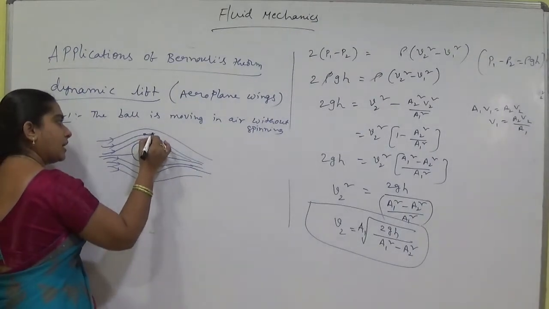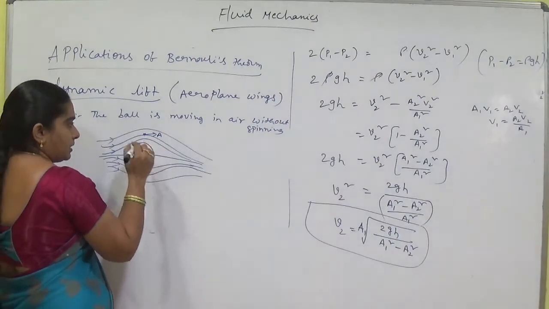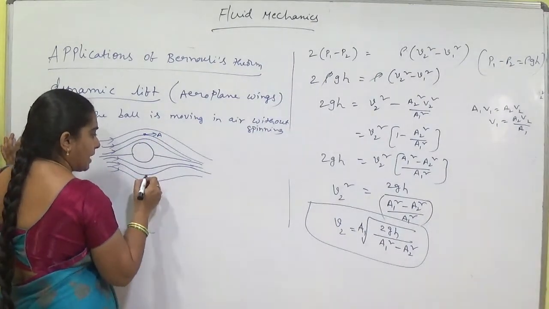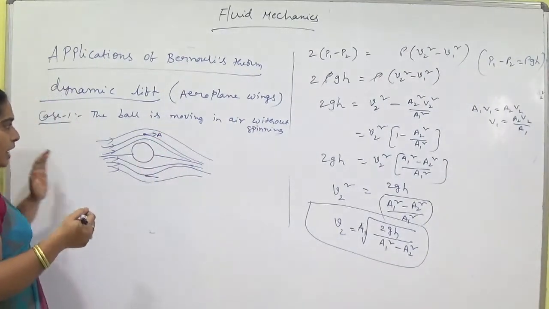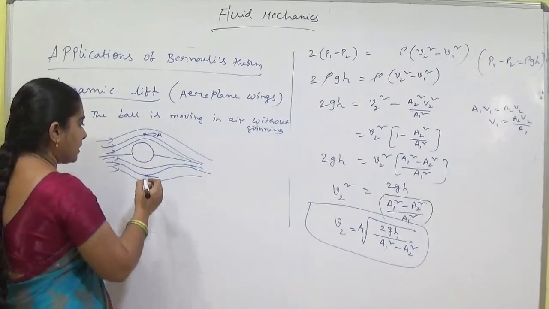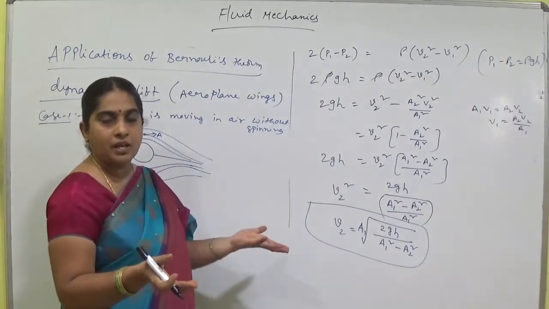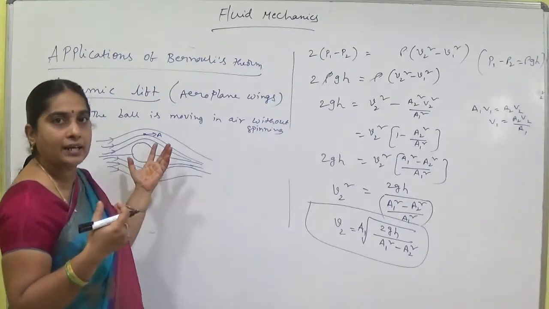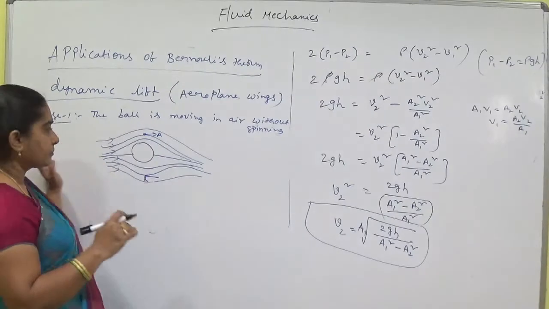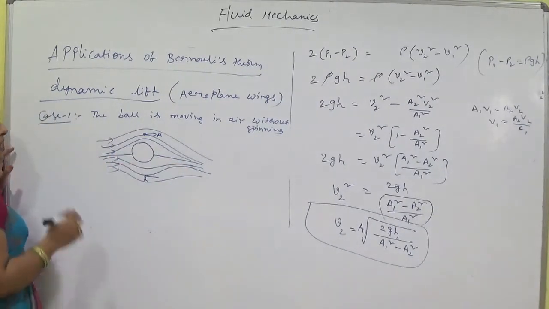At point A, the velocity above the surface of the ball and below the surface of the ball is the same. The pressure is also the same. There is no resultant transverse net force acting on the ball. The streamlines are shown in the figure.